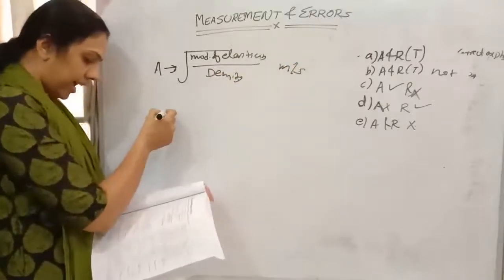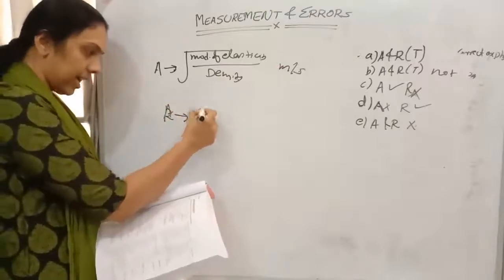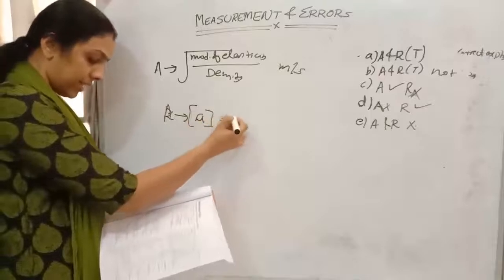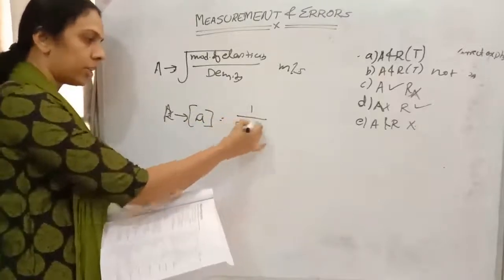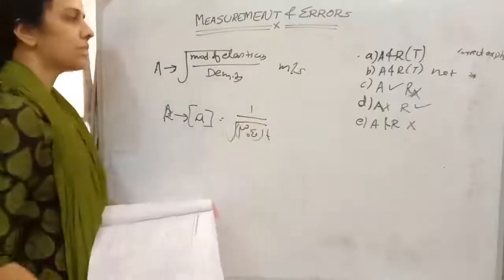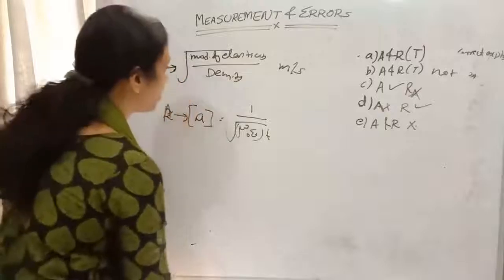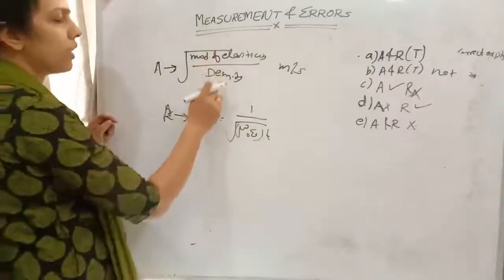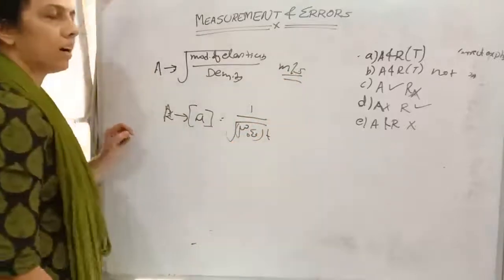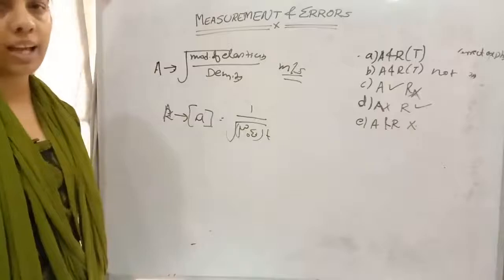And the reason is given like acceleration has the dimension of 1 by root mu 0 epsilon 0 into t. First we will check whether assertion and reason are true or not. So here we can use dimensional analysis.